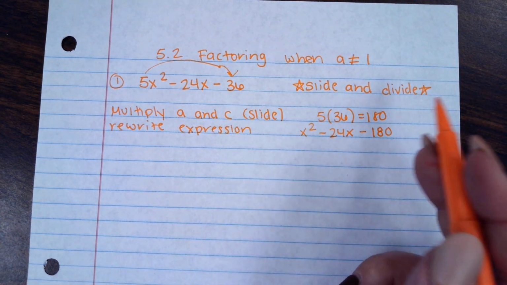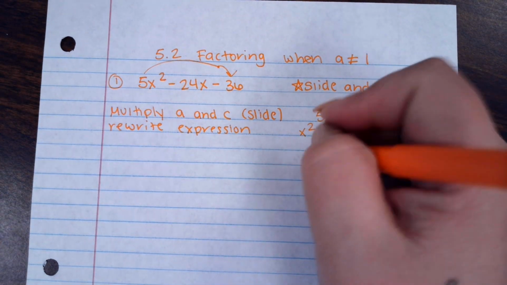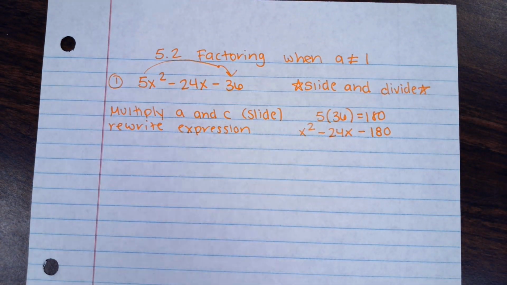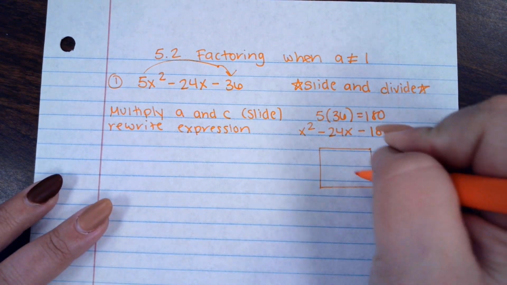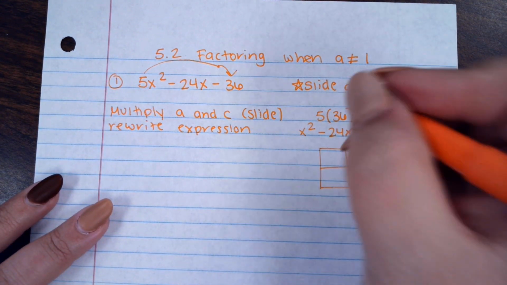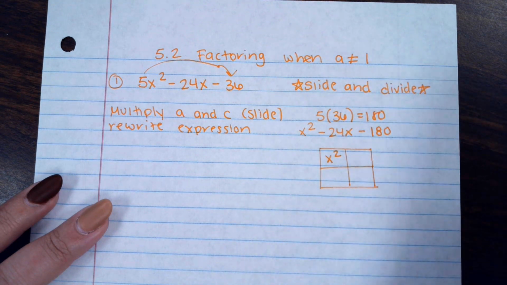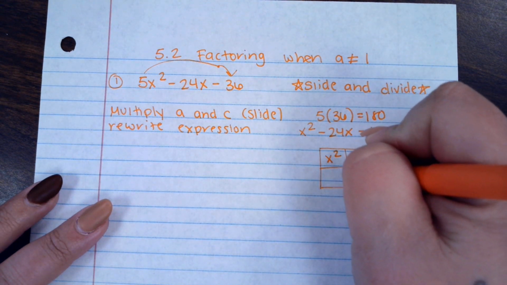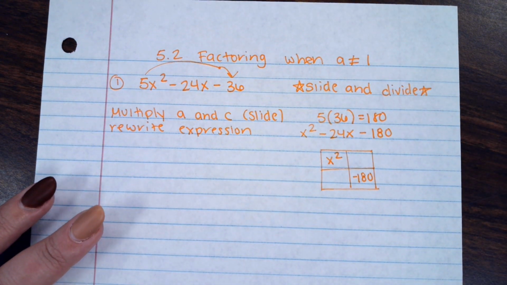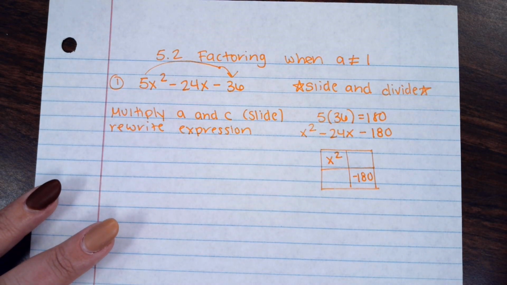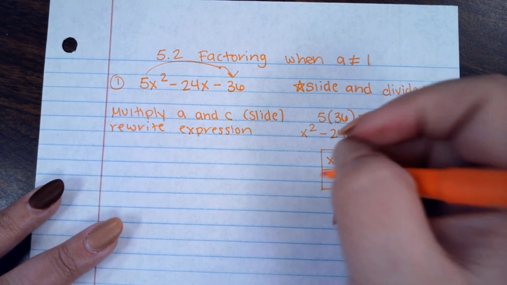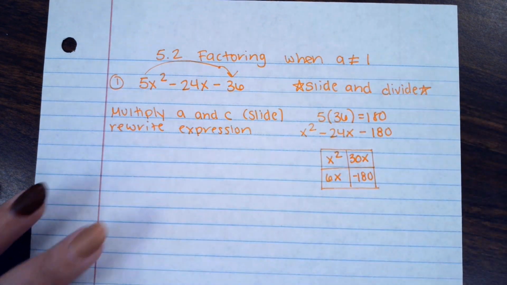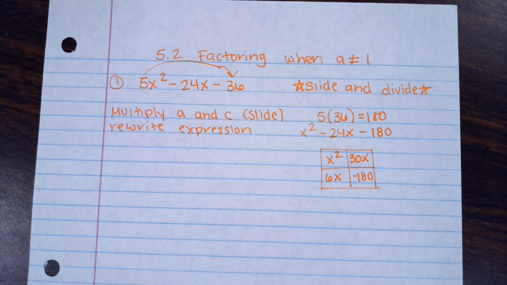Now we have a trinomial we know how to factor. So you can either do guess and check or the box method, whatever you prefer. I'm going to use the box method. So let's put the x squared here, the negative 180 here. Go through your factors of 180, 30 and 6x will work.